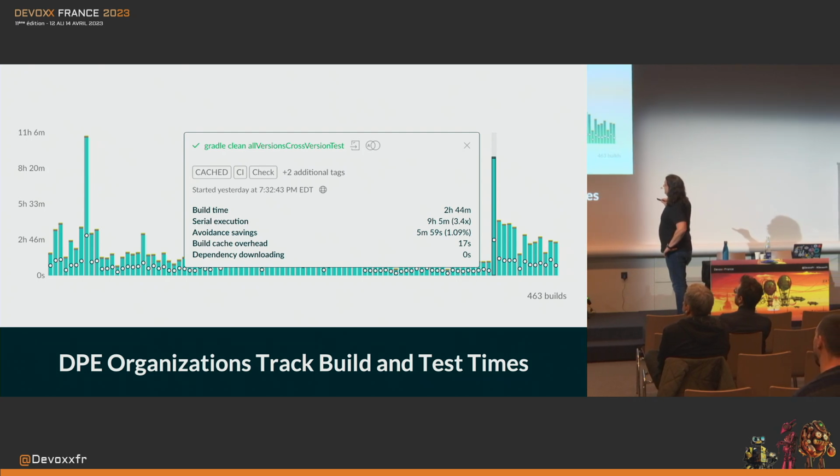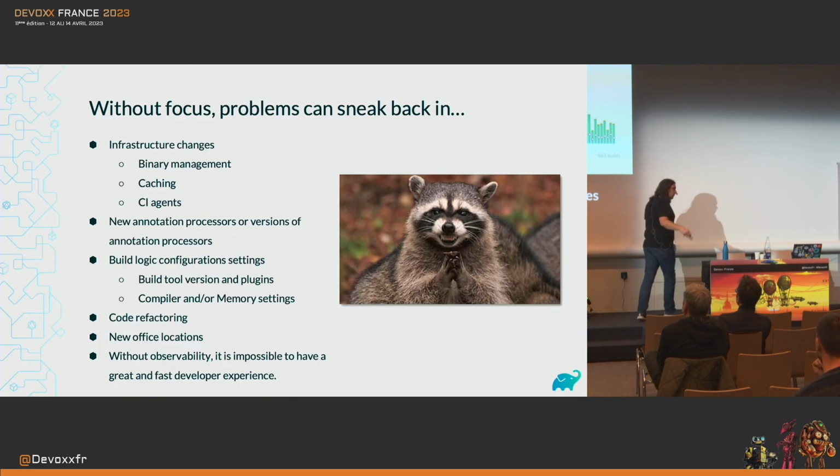And you can see serial execution time versus actual wall clock build time. We can see our avoidance savings, any overhead that was introduced by the cache. So we can trend this stuff, right? We can take a real look at it, put it on a graph, and see how consistent we are.